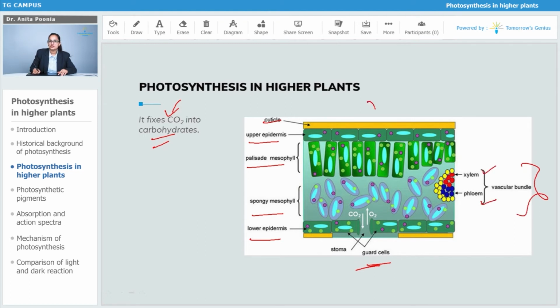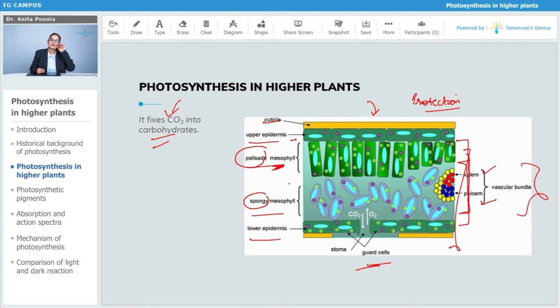So the cuticle is majorly for protection. Then you see the upper epidermis, a series of cells. Majorly from here to here, this area is the mesophyll area, which is further divided into palisade mesophyll and spongy mesophyll, right?